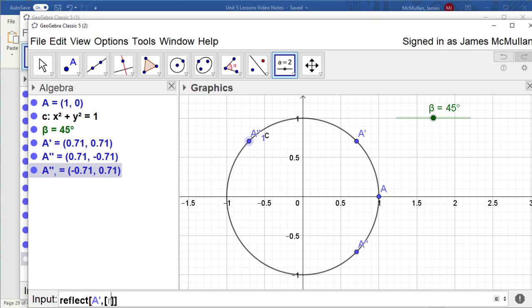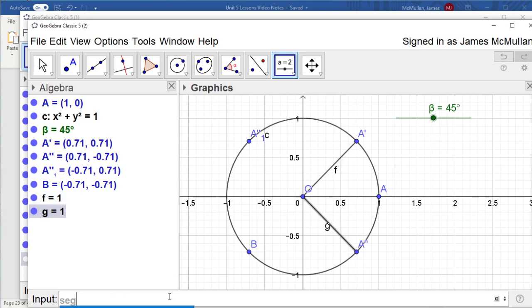Oh, I see. No, sorry, I'm doing this wrong. Okay, sorry. Reflect A prime, y equals 0, across the line x equals 0. Now, all of these things, let's just draw a quick segment. So segment O, A prime, segment O, A double prime, segment O, A triple prime. Oh, A double prime 1 is what it called it.